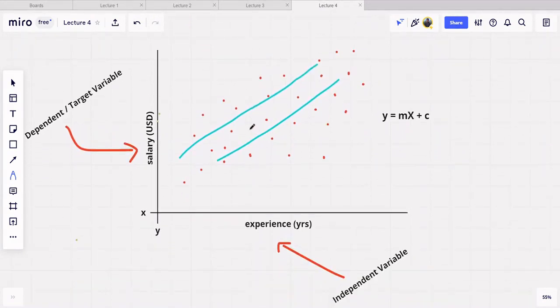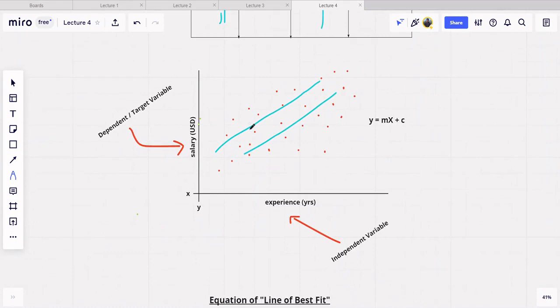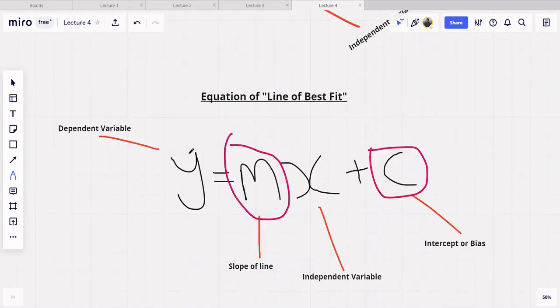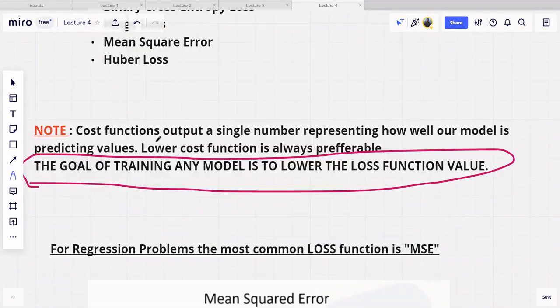But this again doesn't answer our question, because we still have an infinite set of values that we can use for M and C. How do we find the most optimal values for M and C? This is where gradient descent comes in.